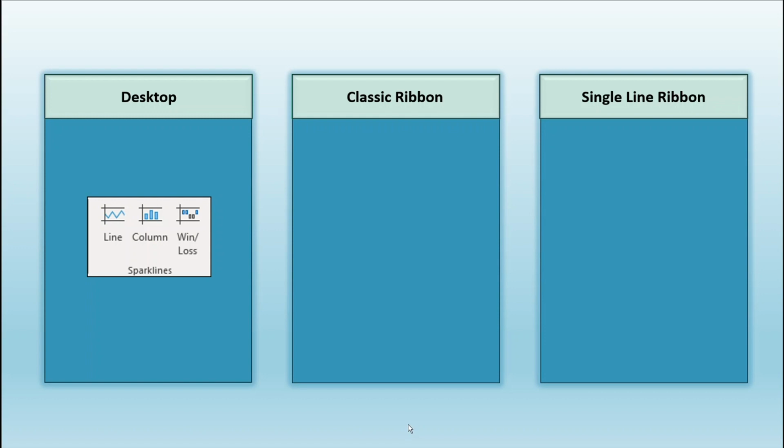While you can have a line, column, or even a win-loss kind of chart, the small detail may only be for very specific uses, so it is not available in the classic ribbon or the single line ribbon, but know that you can still get to it from the desktop version.